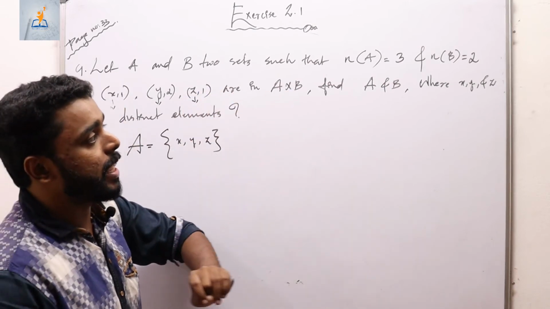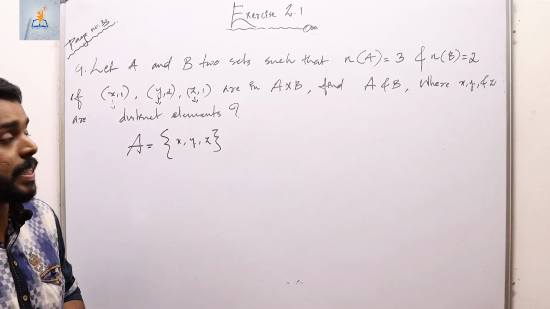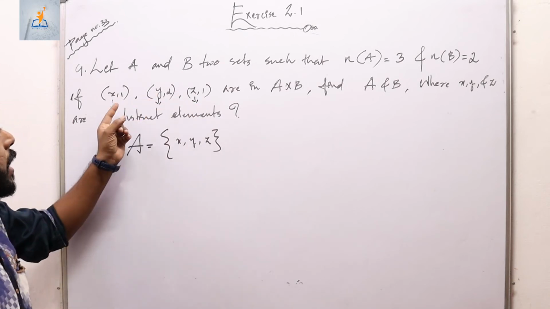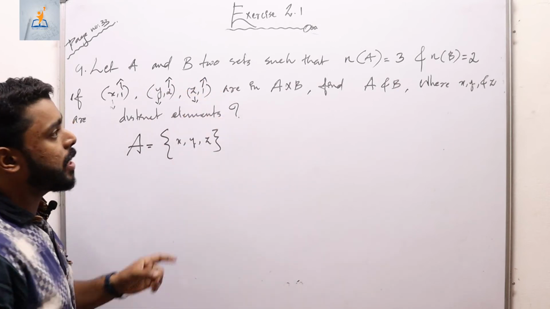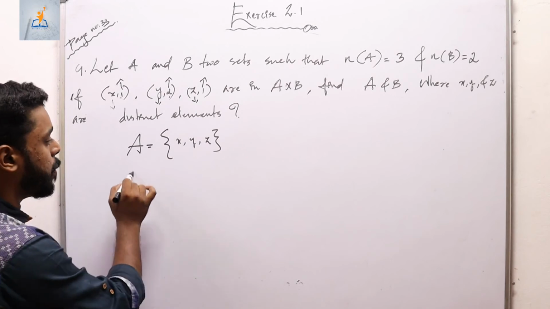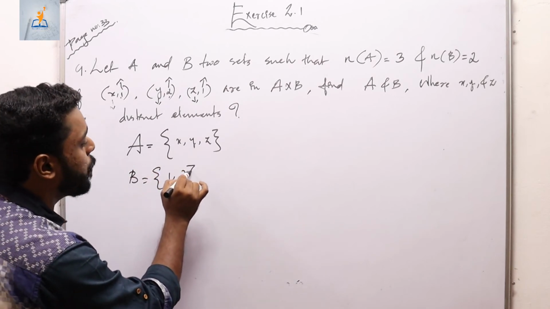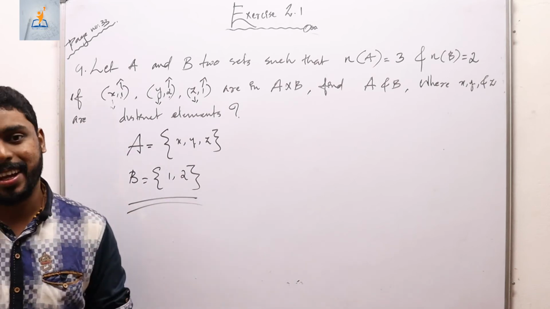Now n(B) = 2, which means the number of elements in the set B is equal to 2, and whenever we are given ordered pairs, the second elements are from the second set. 1 and 2 are 2 distinct elements from B, and B contains only 2 elements, which means that B is the set {1, 2}. So that's the question number 9.